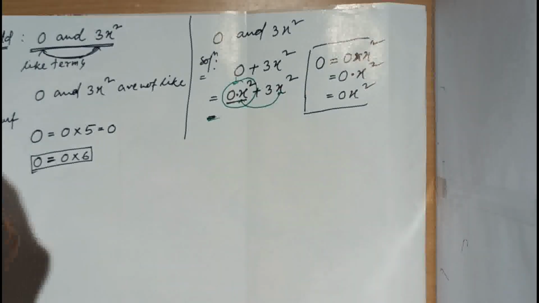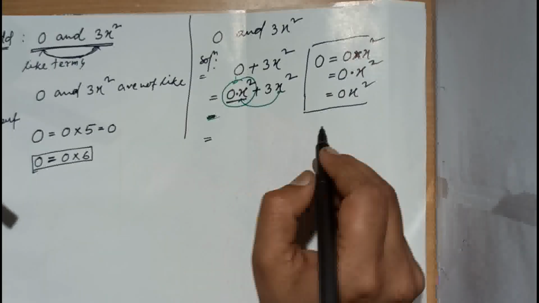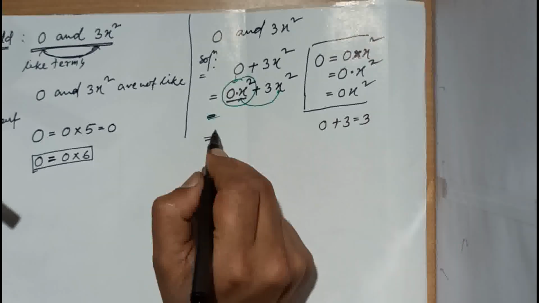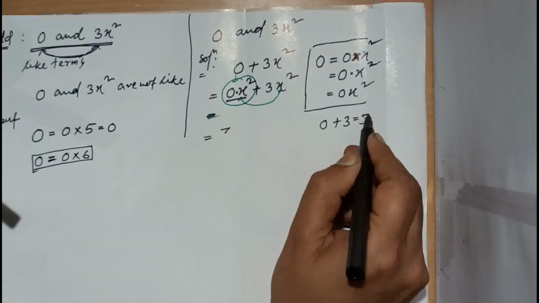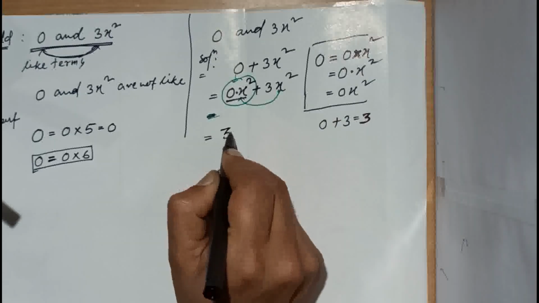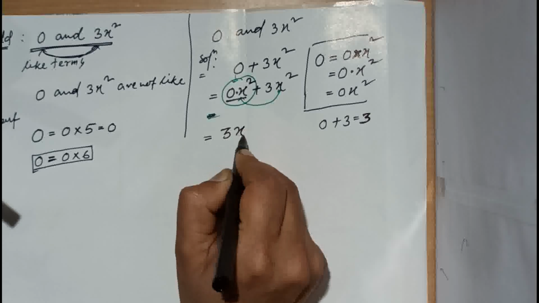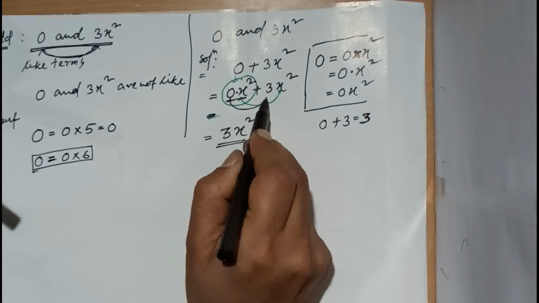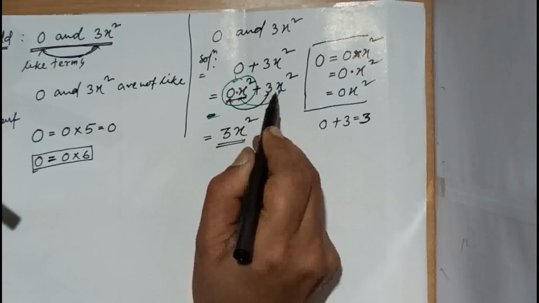So if literal coefficient is same, then your work is to add only 0 and 3, which will give you 3. Therefore the answer is 3 and then x square. Finished our answer. Already I told that we need to add only the numbers, not the variables.